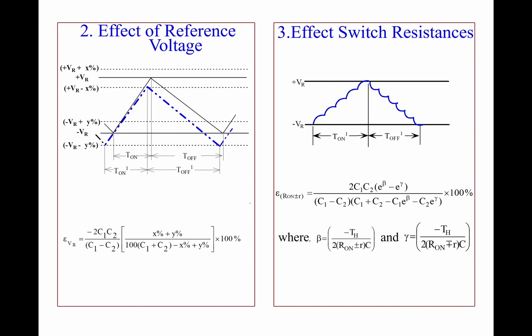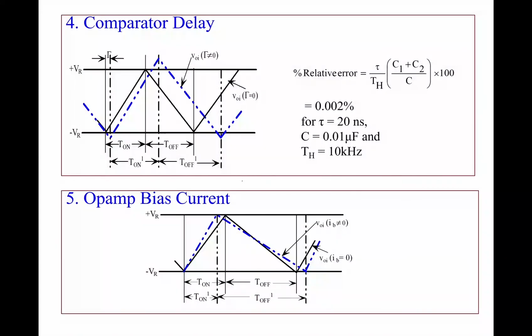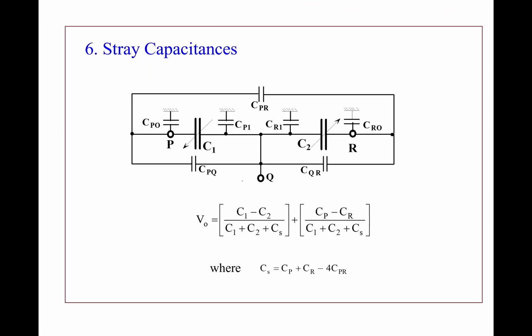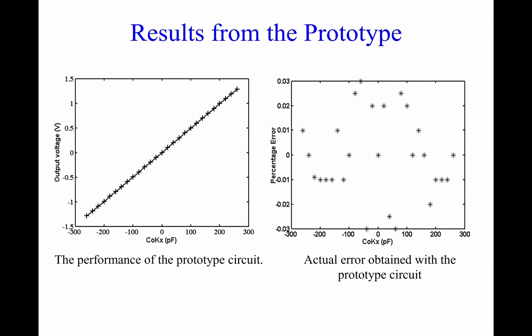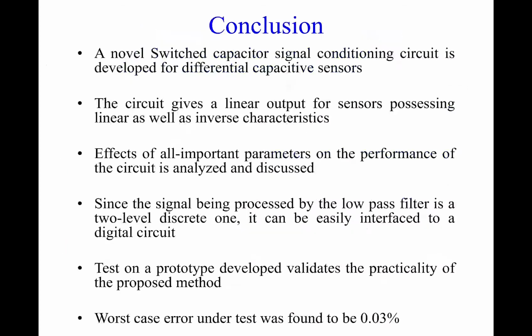If you have switch resistance, of course we can combat the switch resistance by simply adjusting the clock circuit so that charging and discharging occurs within one clock cycle, so we can make it completely irrelevant. The comparator delay gives very small errors in the output, 0.002%. Op-amp bias current again has absolutely no effect. Stray capacitances, if they are present, have again no effect.